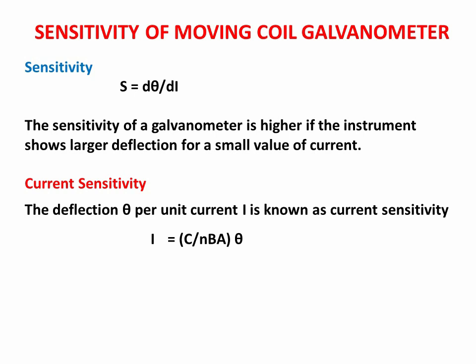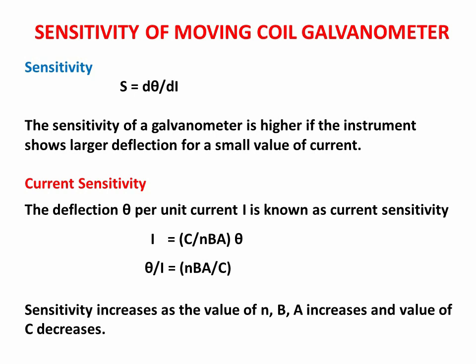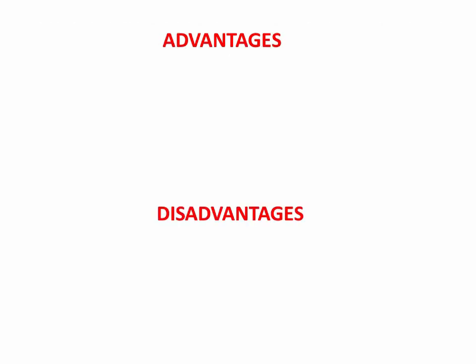From that equation, theta by I is equal to NBA by C. Sensitivity increases as the value of NBA increases and the value of C decreases. Like that, we can also calculate voltage sensitivity, but not in this video.